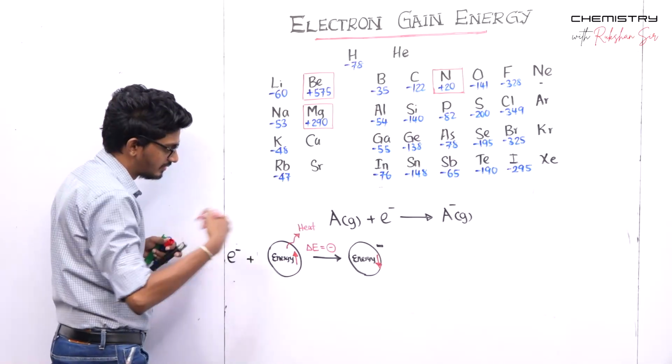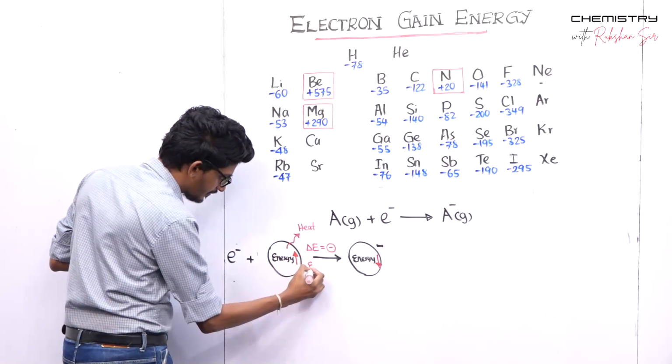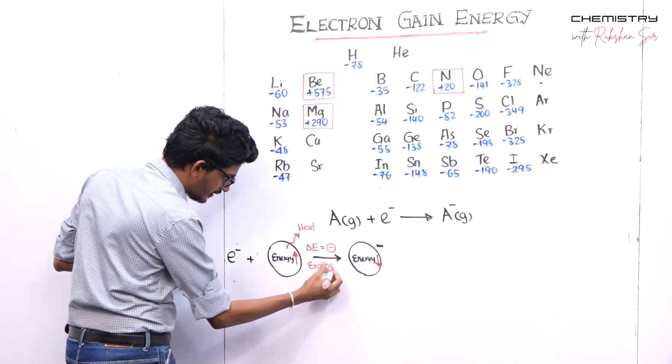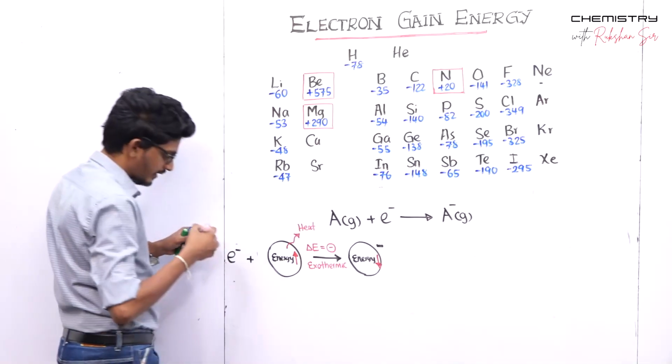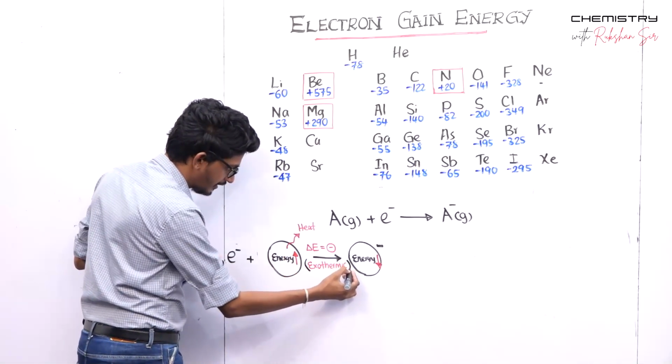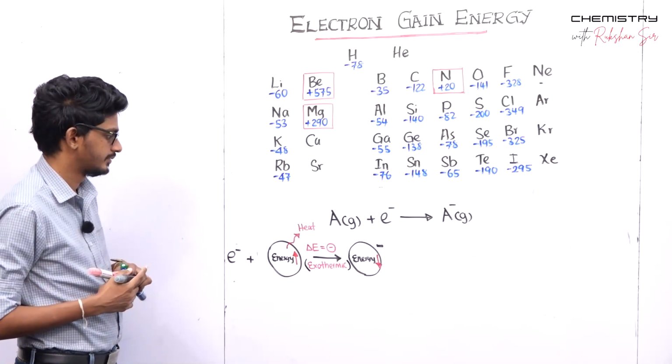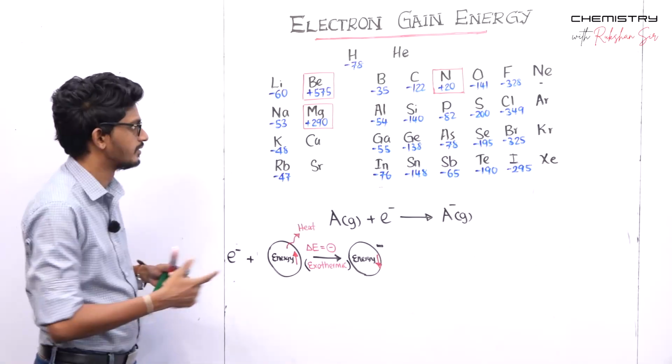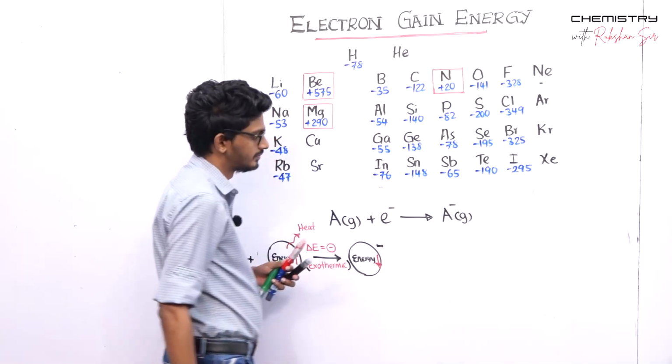These are exothermic electron gains, which are denoted with negative signs. Those are the negative values appearing in this table, right?